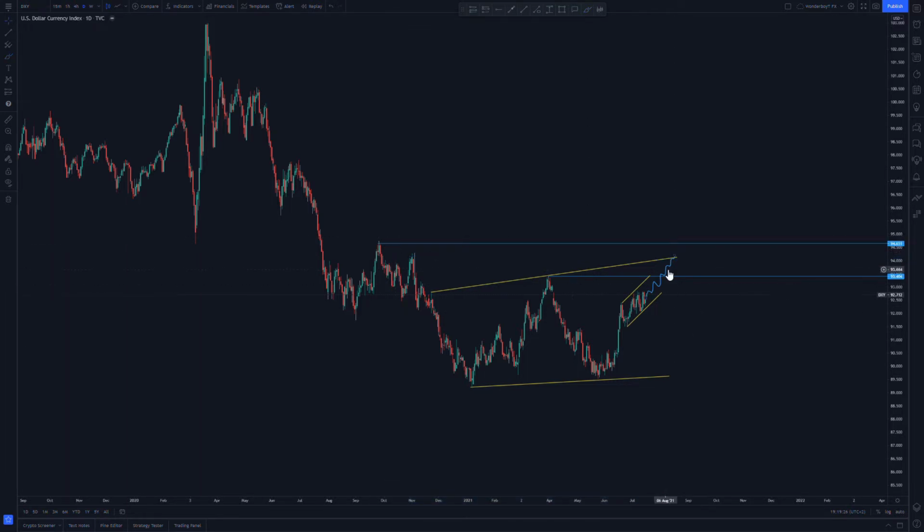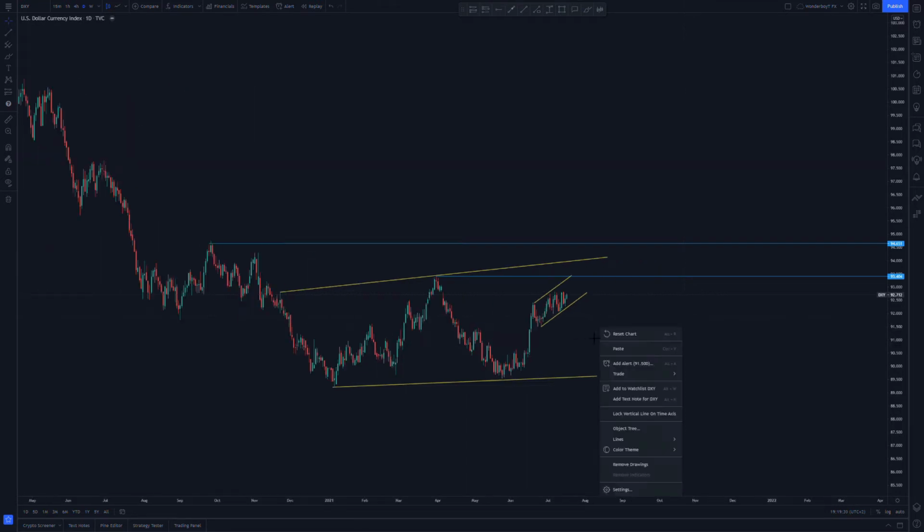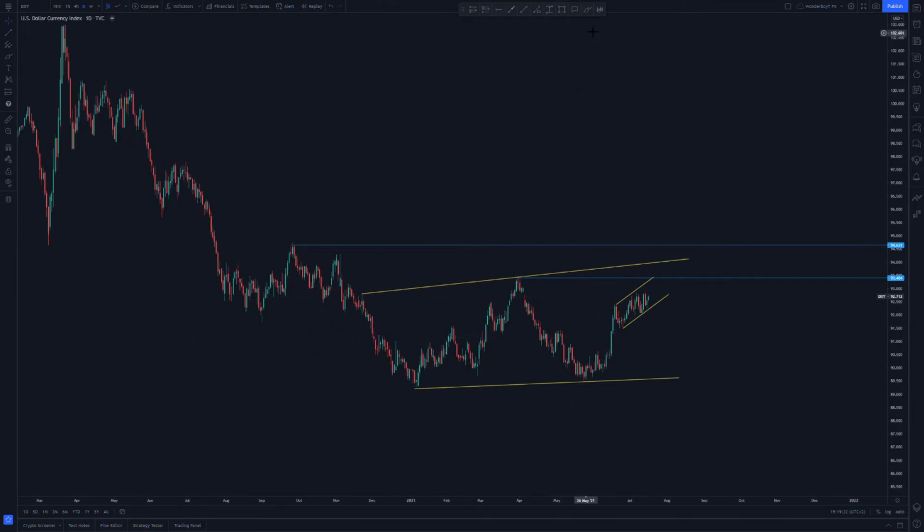So these are the few scenarios that I'll be looking for. If price continues to push to the upside, then I'm waiting to see if we form something like this, which will be a message that we're continuing to push to the upside, maybe to this high, which remains to be seen.